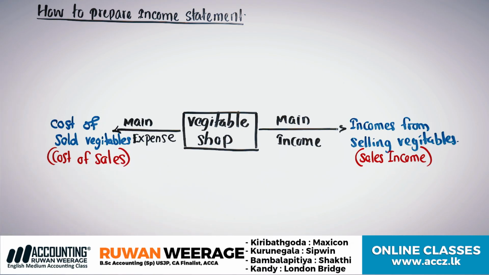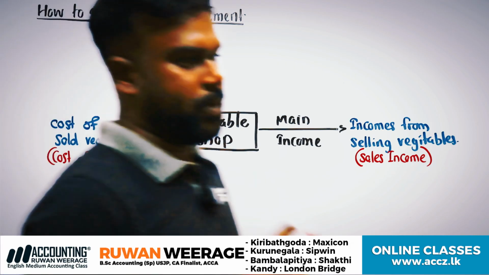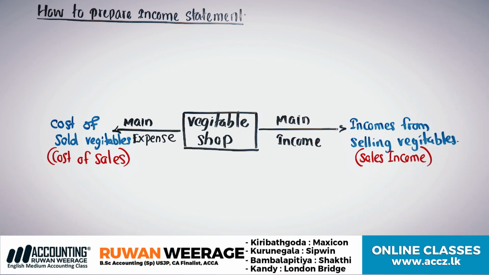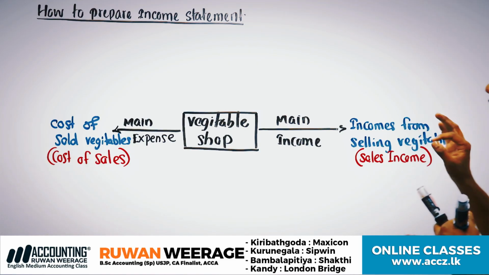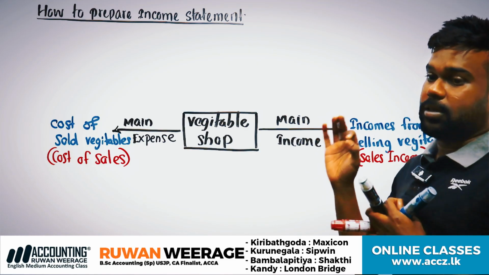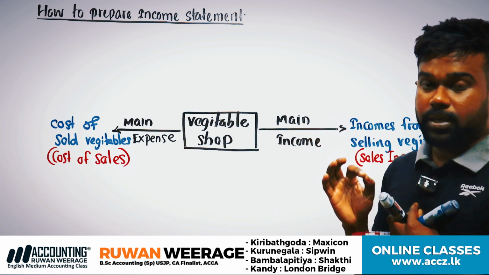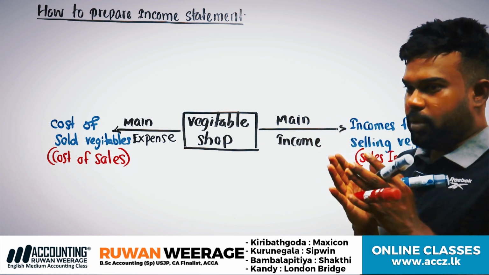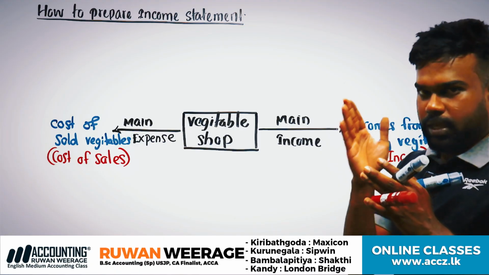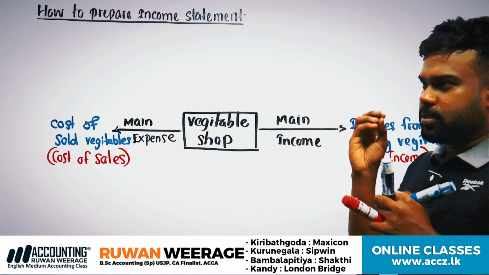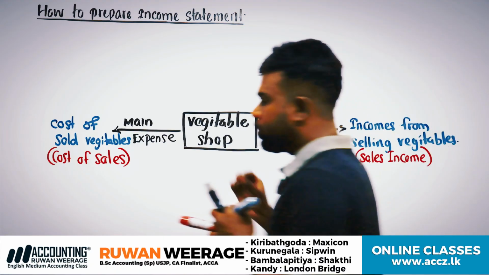Understand? There are main income and main expense. Therefore there's a concept called profit. So normally profit will be calculated how? Income minus expense. So there's a special profit called the gross profit.